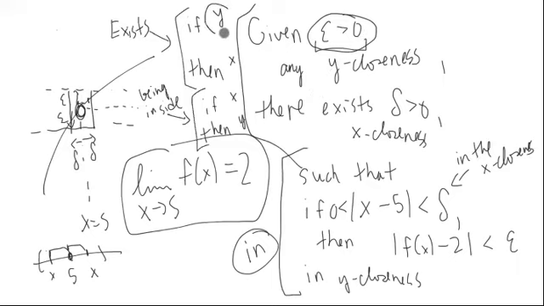I guess the y is for any. So it's really an any and exists. So for any y closeness, then there exists. So it's any, exists, and then inside. But you still have an if-then statement each time, and it's symmetric because y closeness is on the outside, and x closeness is on the inside.